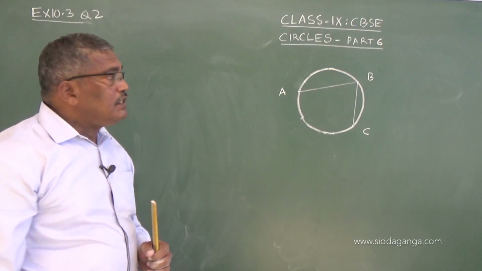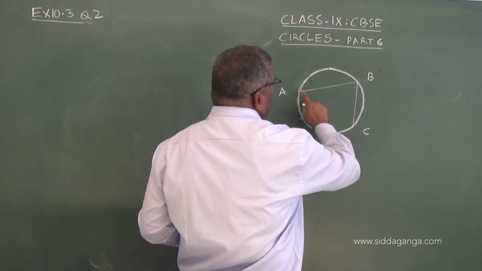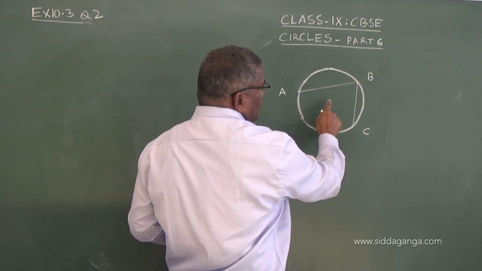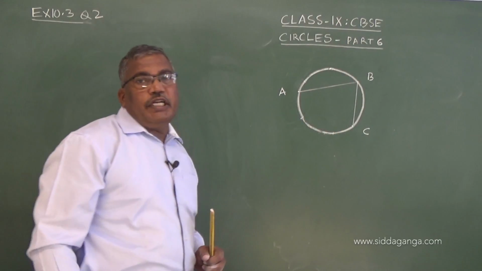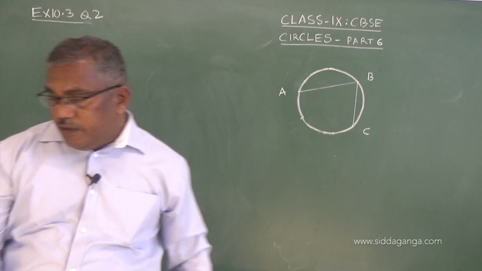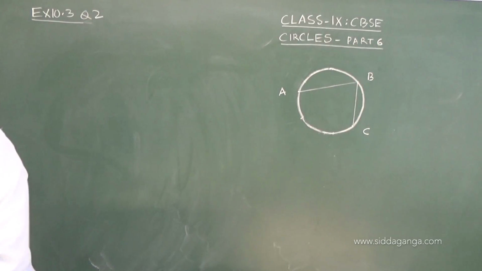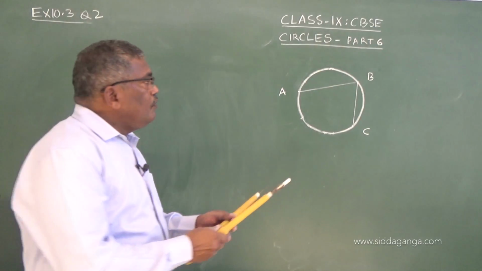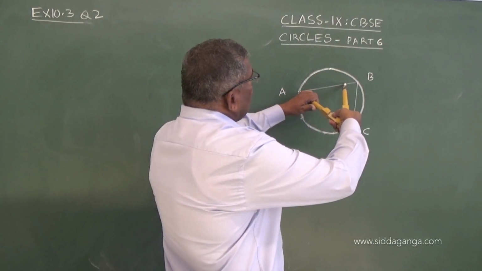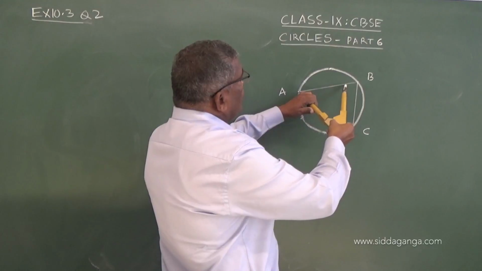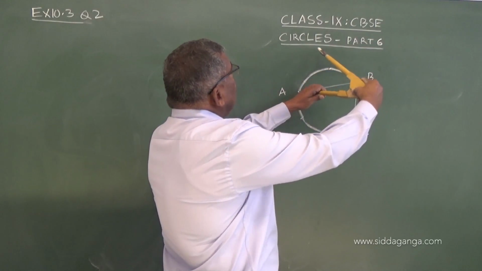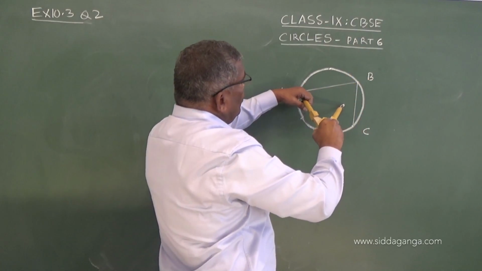Now what you have to do is draw perpendicular bisectors to these two chords. Those two perpendicular bisectors will meet at some point. That is the origin. So the procedure is understood now for you. Now you know how to draw a perpendicular bisector to AB. You take more than half of AB radius with A as center, draw some arc above and below.